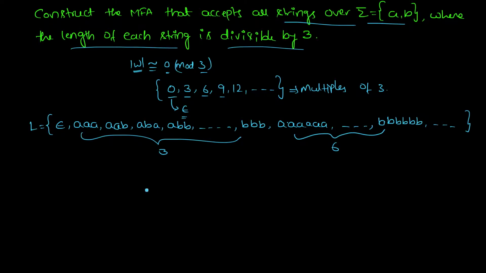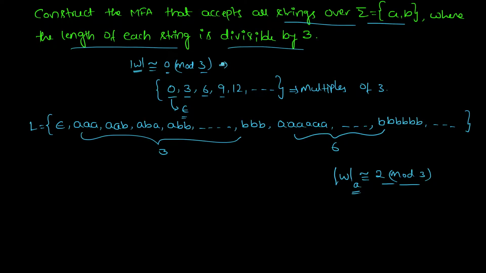We have seen a similar question earlier where we constructed a DFA for strings having number of A's congruent to 2 mod 3. There we had a constraint over A, the number of A's should be congruent to some r mod n. Here we have a constraint over the string itself. We don't care about the symbol, right?